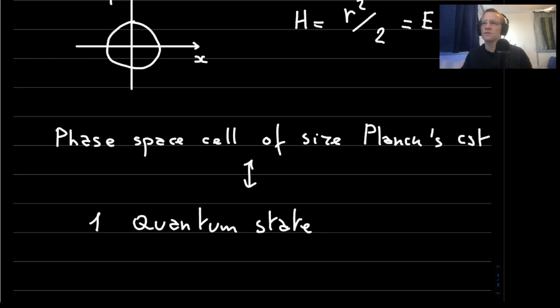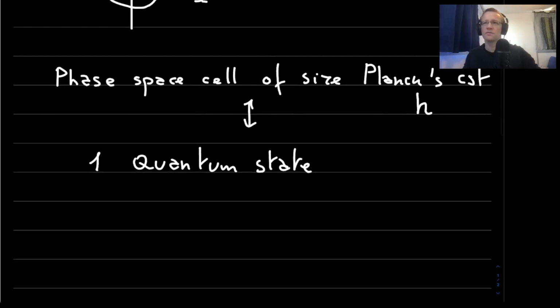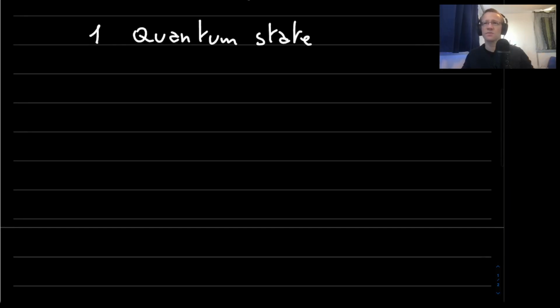We will denote Planck's constant by h. And so we can now look for the ground state. The ground state is the one with the smallest energy. It will be concentrated, therefore, near the origin.